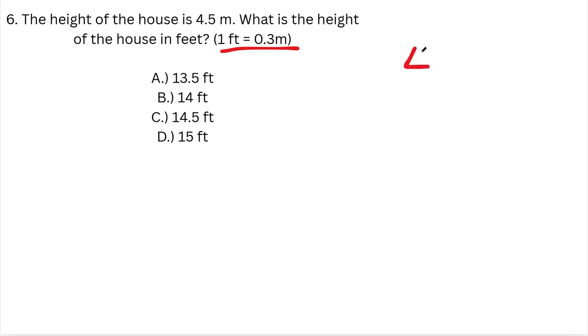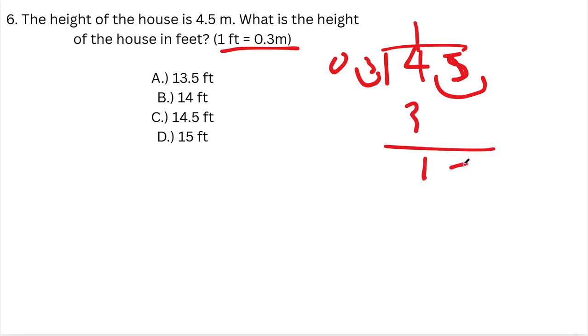So we have to divide 4.5 by 0.3. But as I always do, I can move the decimal 1 place to the right for both of the numbers. So then 3 goes into 4 once, and it goes into 15 5 times, with 0 left over, meaning the height of the house is 15 feet.